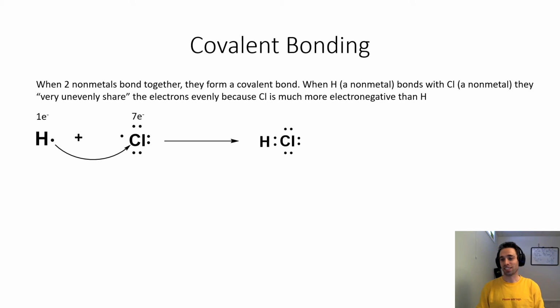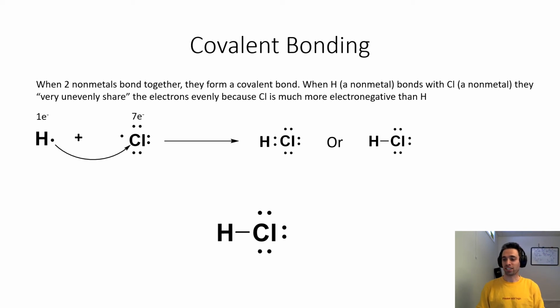This will give us hydrogen bonded with chlorine. We can write it out like this. A lot of the times when there are two electrons shared between two different elements, you can draw the two electrons as a line denoted here.